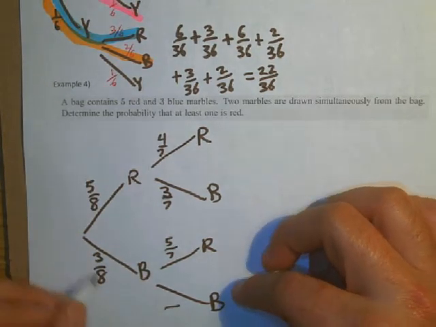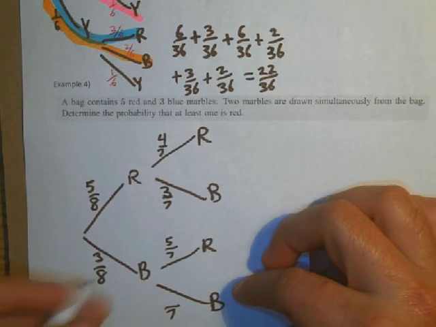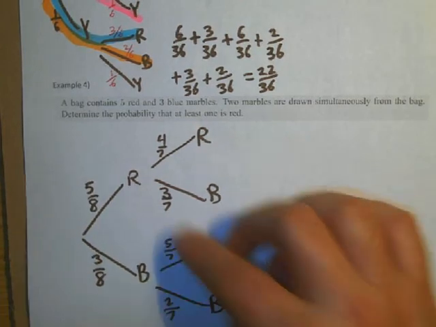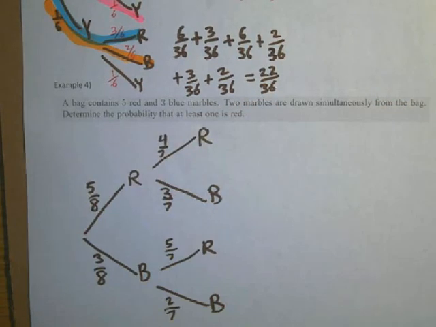And if I went this way, if I've taken a blue marble out, how many blue marbles are left? You got it, 2 out of 7. These 2 add up to 1, these add up to 1, these add up to 1. Now the question says, what's the probability that at least one of the marbles is red?